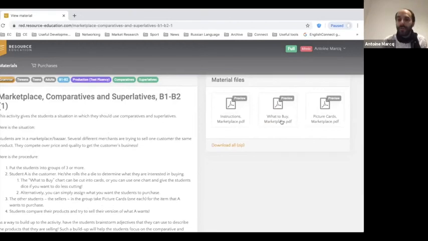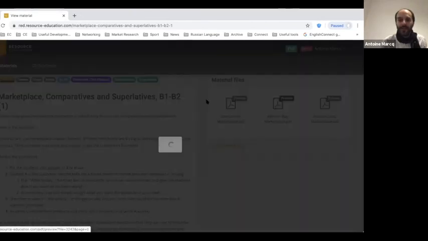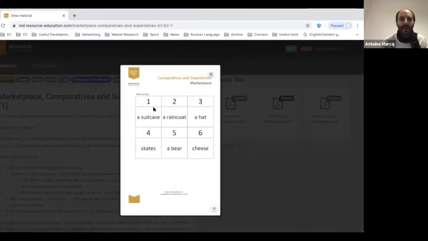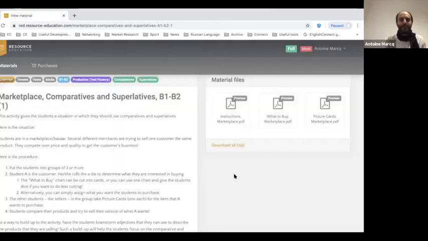But it's important to select what the person is interested in buying. A suitcase, a raincoat, a hat, cheese, a bear, and some skates. So first, student rolls a die, 5.